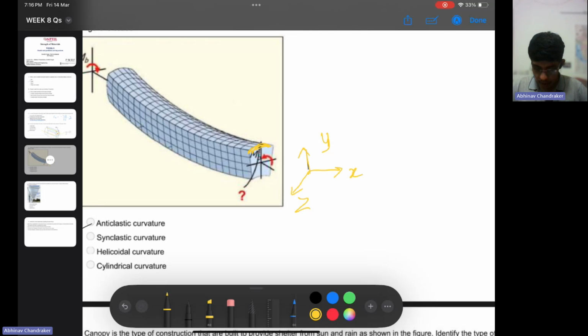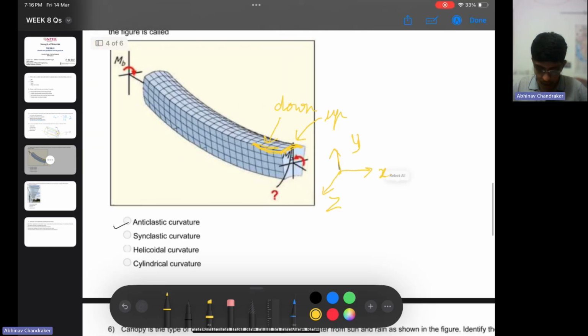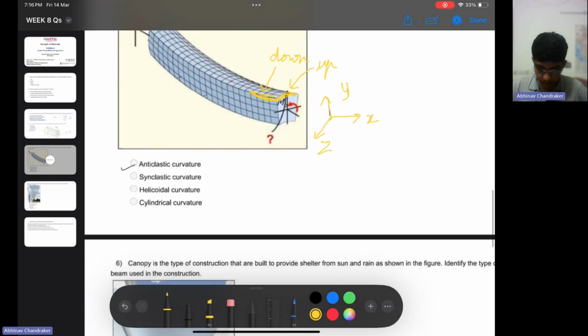While if you look at this curvature on the xz plane, then it is upwards. So this was downwards. Let's not call it positive or negative. This was downwards. This was upwards. And because they are in opposite directions, that is one reason why we call it anticlastic.